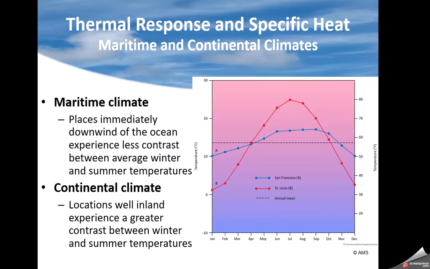So, because water takes a tremendous amount of energy to heat up, I live near the ocean. I love to go to the ocean. However, I also know that in the springtime, it is going to be cool when I go down to the beach. So, why is that? Because it takes a while for the ocean to heat up.